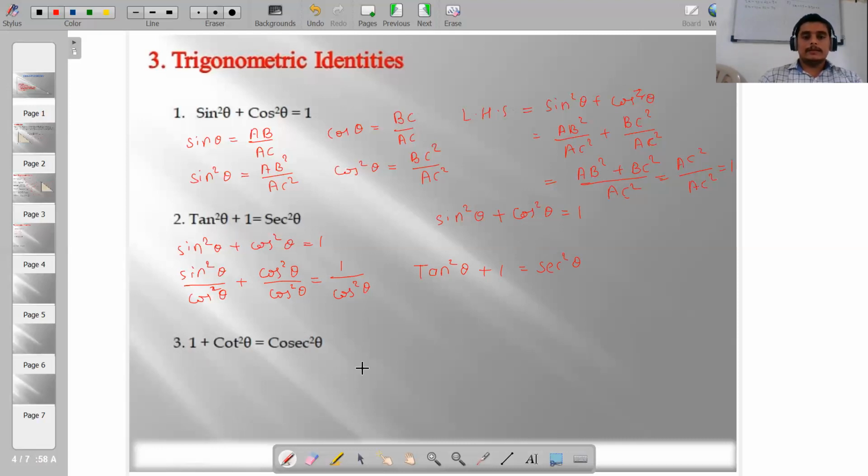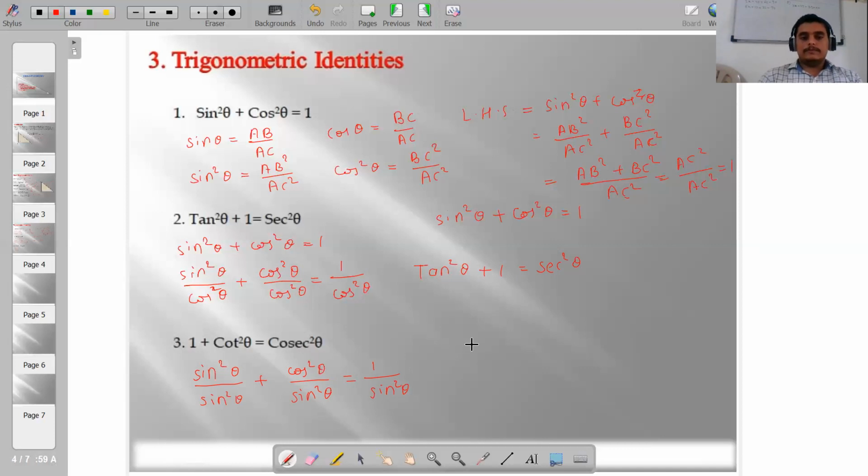Similarly, we can prove the third identity by using the same notation, that the first identity can be divided by sine square theta. So we first write the division: sine square theta by sine square theta plus cos square theta upon sine square theta equal to 1 upon sine square theta.